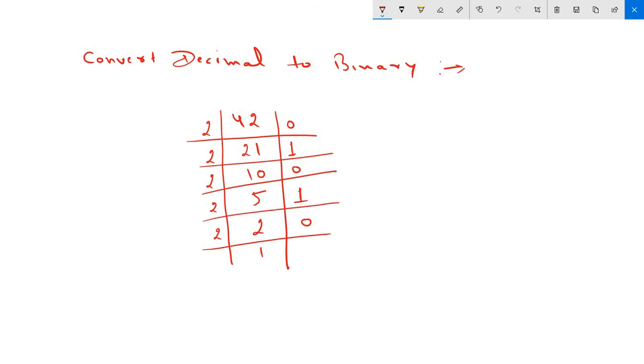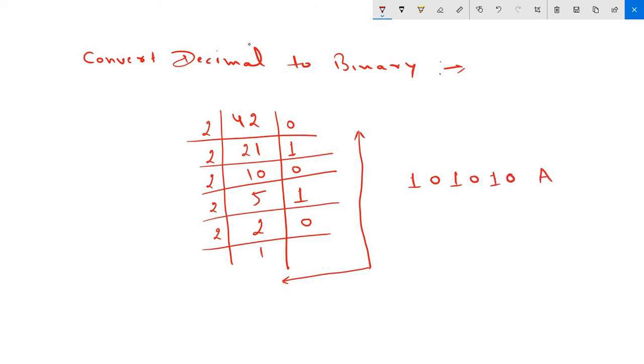So how to write down the binary number? How to write down the remainders? Bottom to top. Okay, this is the way to write down your binary number. So 1 0 1 0 1 0.